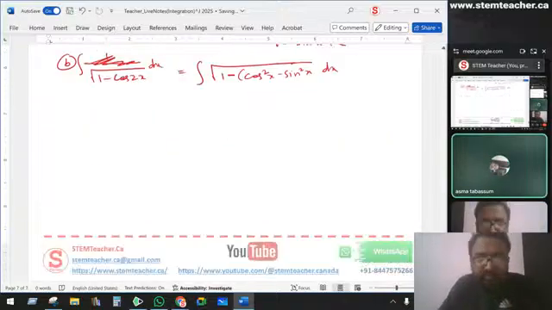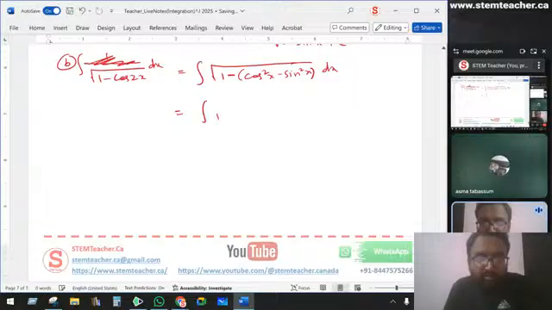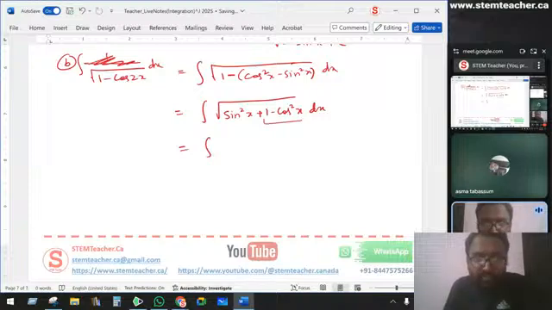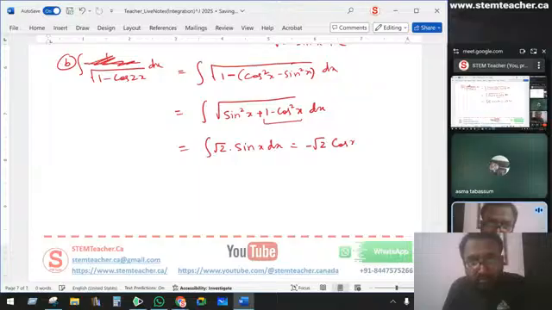Now it will be simplified as the integration of under root of 1 minus sin square x plus 1 minus cos square x, I'm deliberately writing, into dx. So it is the integration of root 2 into sin x dx, which will be minus root 2 cos x plus c.